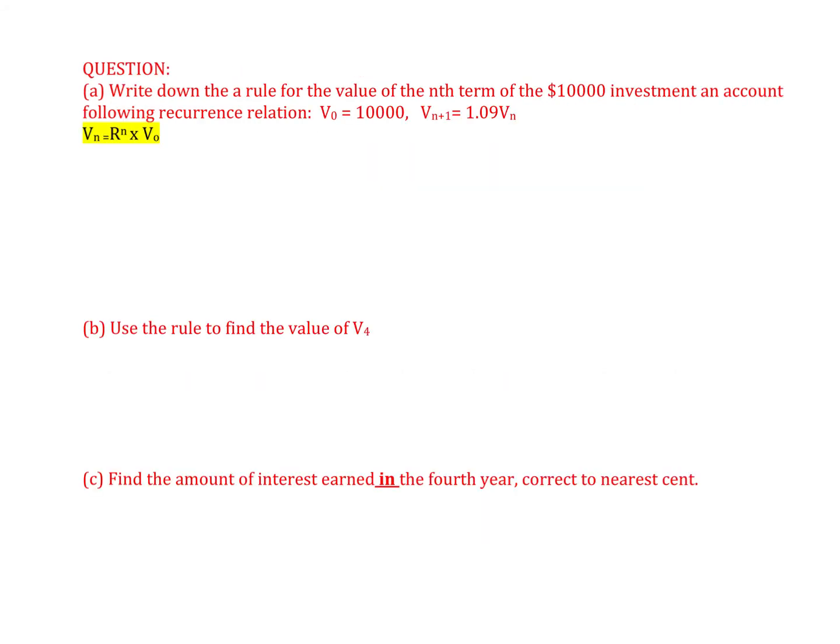Okay, write down the rule for the value of the nth term of the 10,000 investment of an account following the recurrence relation. So now they're asking us for the nth term. If you remember, it's the middle column. So I've gone and grabbed the formula. This is the nth term formula for compound interest, okay?